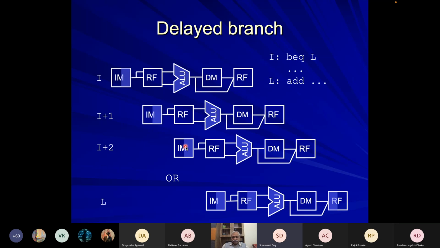Wouldn't this give wrong answer? No, the instruction I plus 1 has to be an instruction which has to be done in both cases. Oh, okay. Yeah, so you have to order your instructions such that I plus 1 is something which is always to be done.